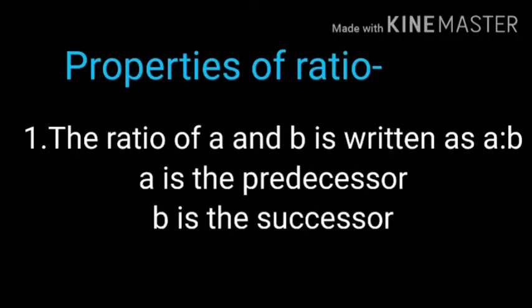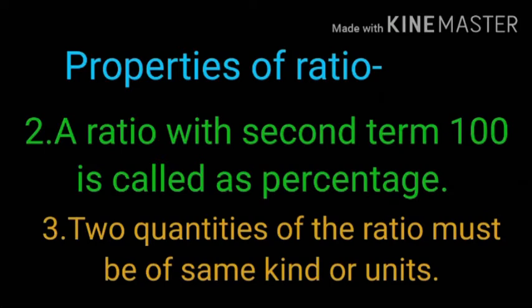Let's see the properties of ratio. First, the ratio of A and B is written as A is to B, where A is the predecessor, the first term, and B is the successor, that is the second term. A ratio with second term 100 is called a percentage. The 2 quantities of the ratio must be of the same kind or they should have the same units.